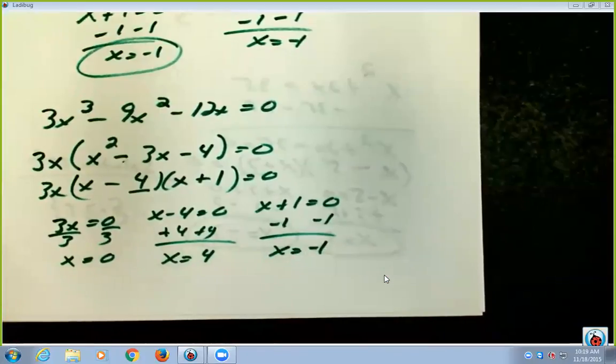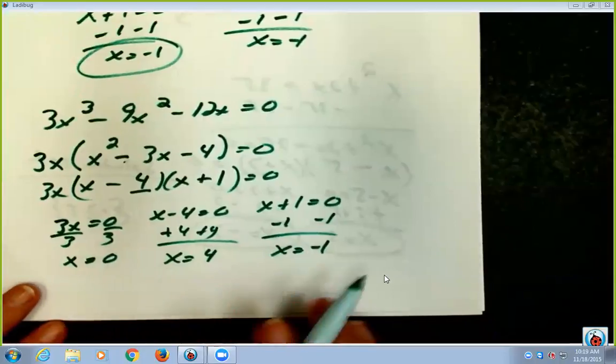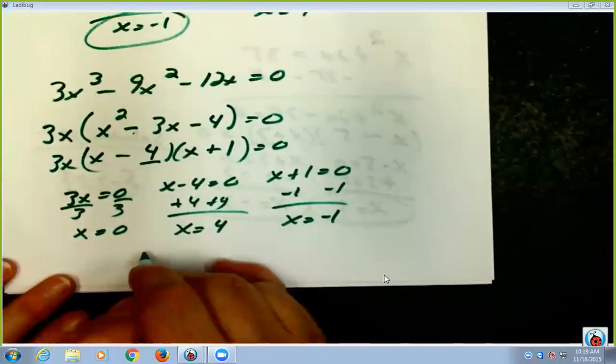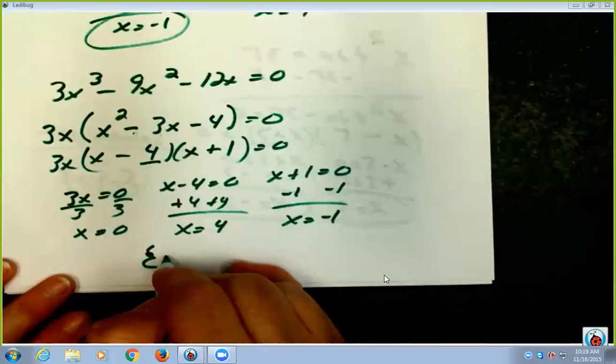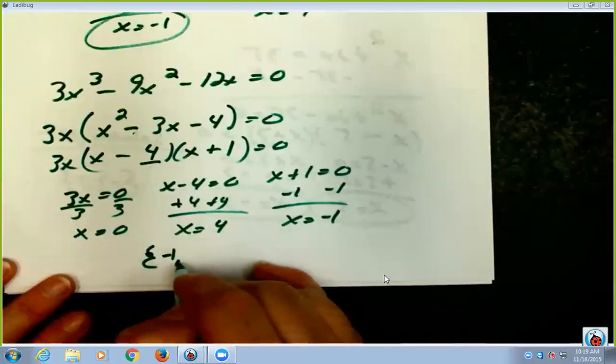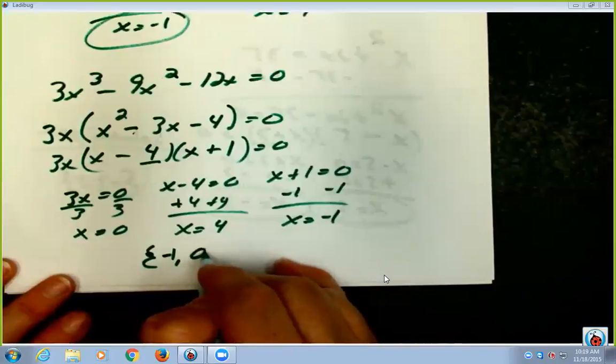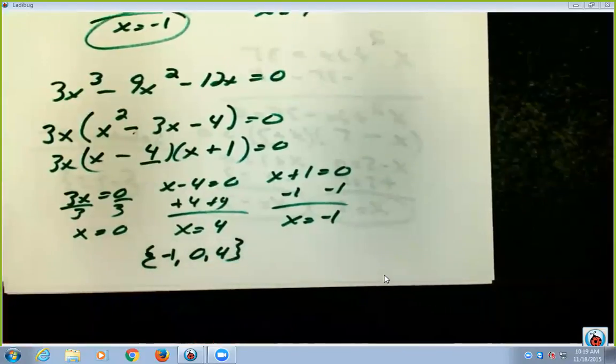So my answer comes out to be x is 0, x is positive 4, and x is negative 1. So if you had set notation of what your solution set is, it's negative 1, 0, 4. Kind of try to put them in order from smallest to largest when you're putting your solution set together for what your answers would be.